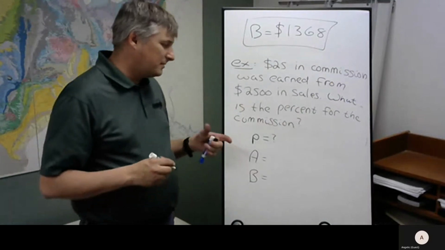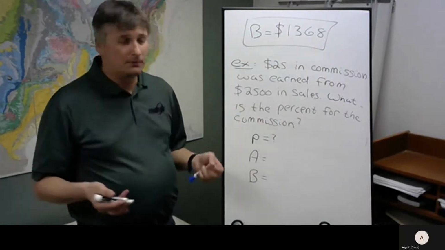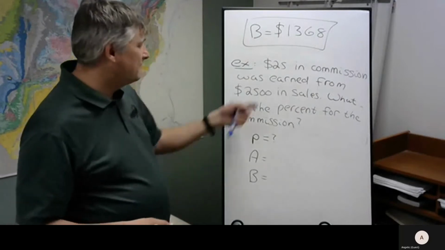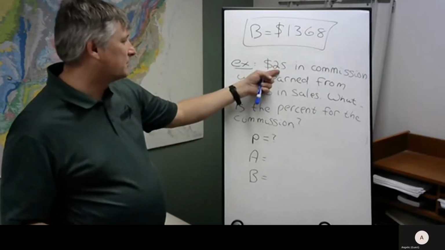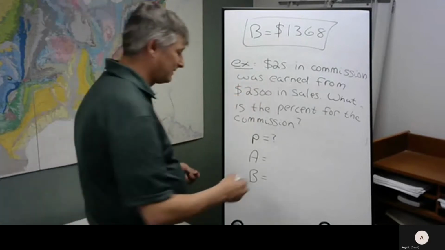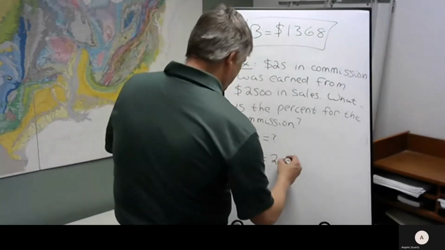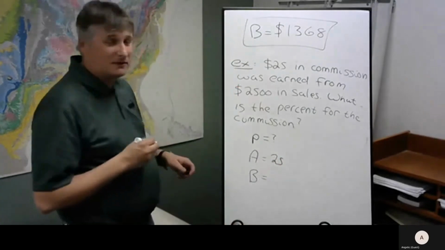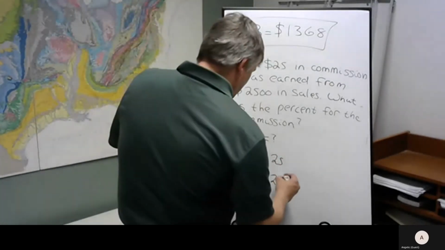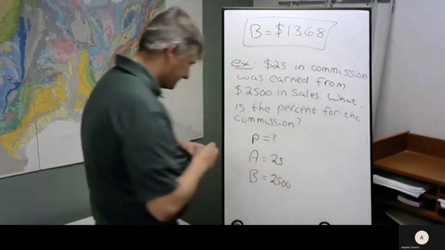Now the amount is going to be some part of a whole, an amount from the base. And the amount, we get $25 compared to $2,500 in sales. So our amount is going to be 25. And then the base will be 2,500.